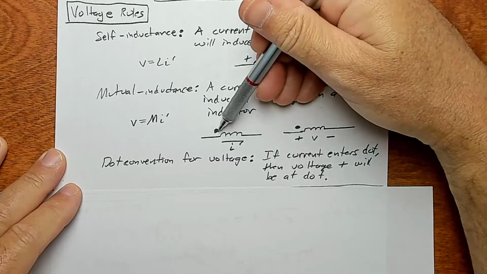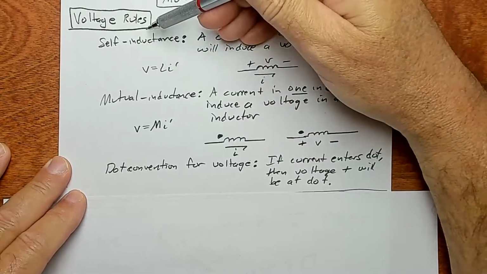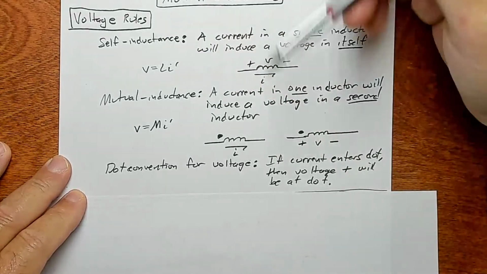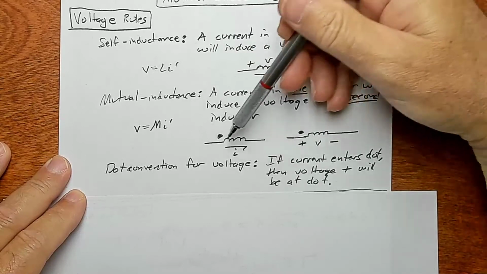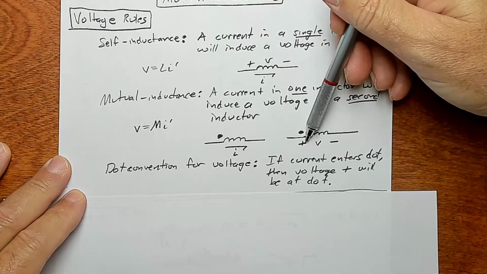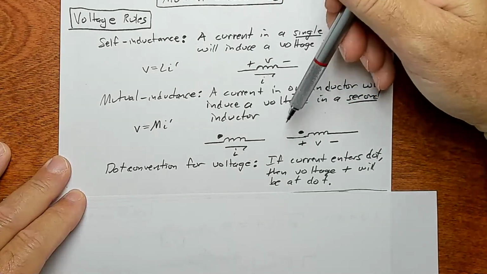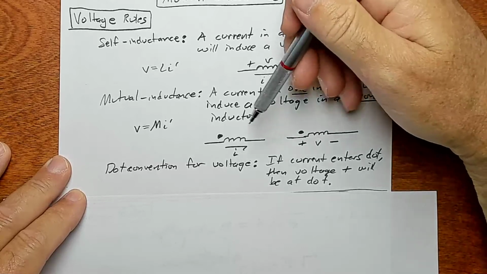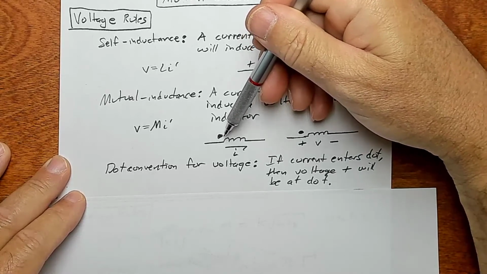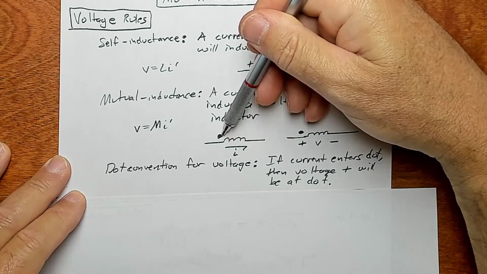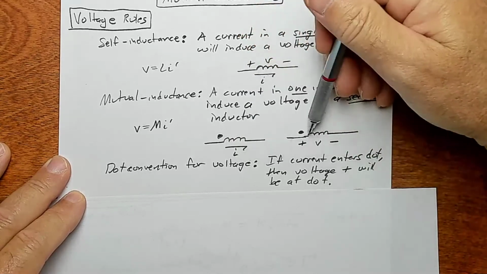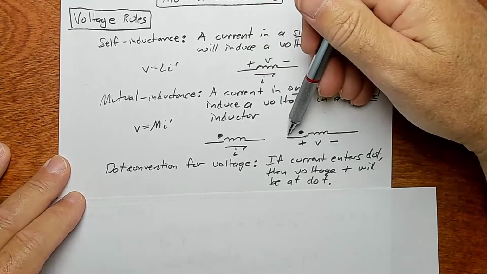So here's the dot convention for voltage. We're just talking about the dot convention for voltage, not for energy. The dot convention is: if the current comes into the dot, then the positive sign will be at the dot. There are four cases, but if you just understand this one case, you can pretty much figure out the other cases.